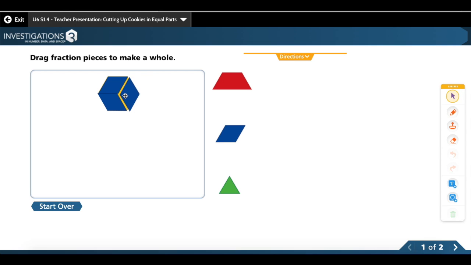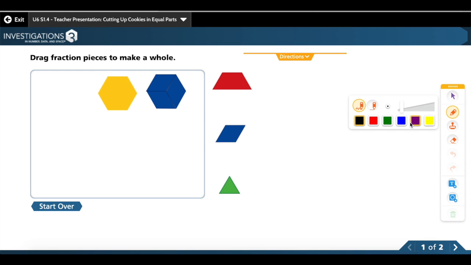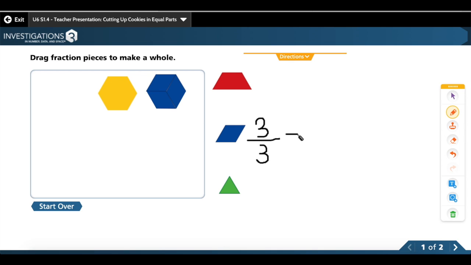I needed 3 blue rhombuses to have one whole hexagon. So if I had 3 parts, what would my fraction be? 1, 2, 3 parts that make up my whole, and it's divided into 3 different parts. So my fraction would be 3 over 3 would equal 1 whole yellow hexagon.